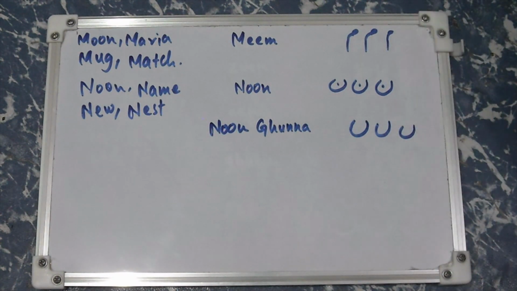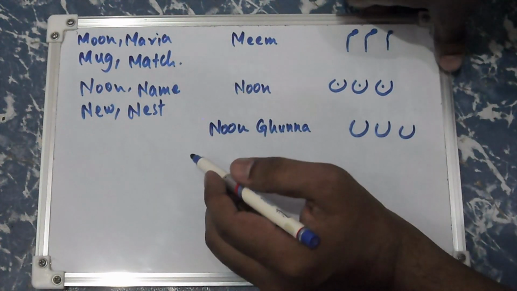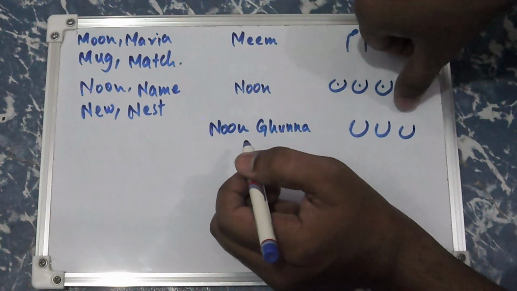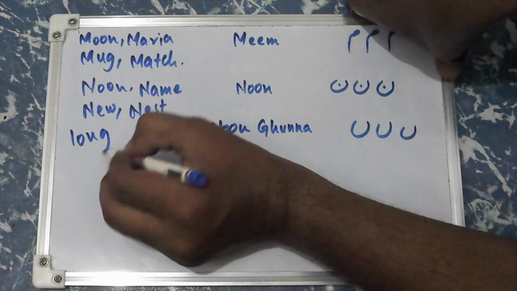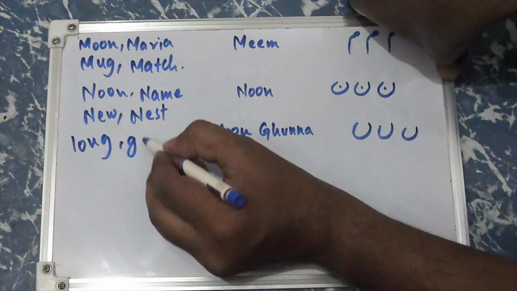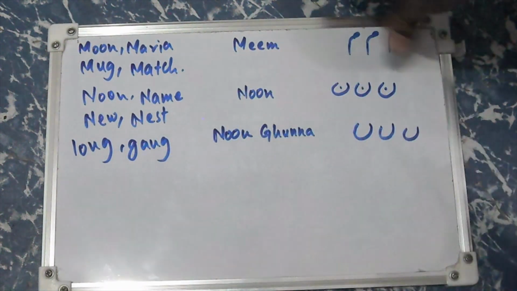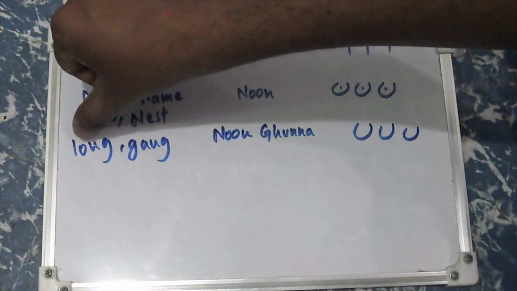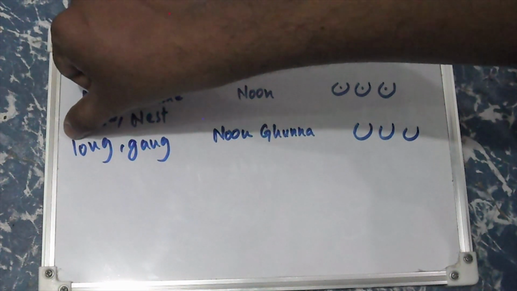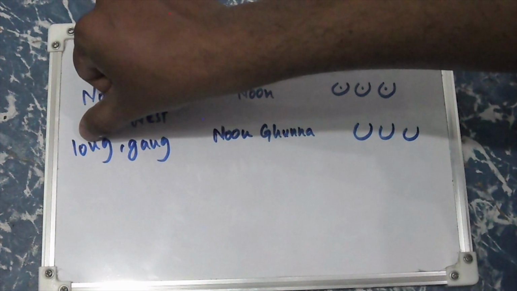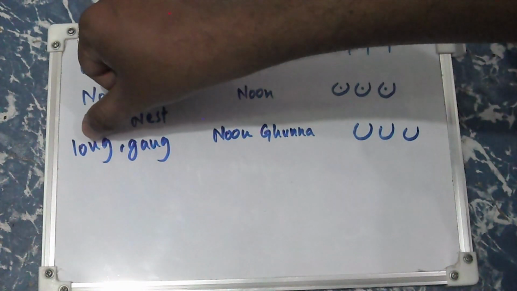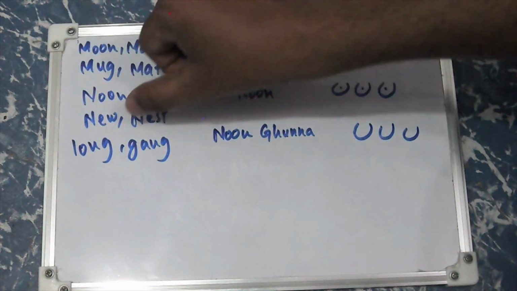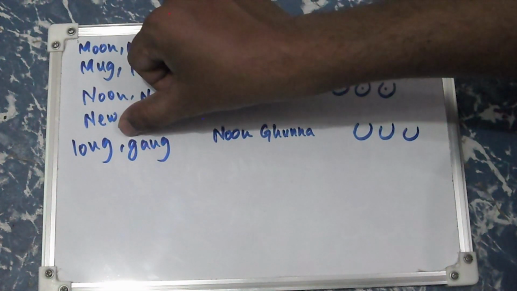The words of English language which contain the sound of this noon gunna are long, gang. As you can observe, in long, the n has the sound of this noon gunna. Long. And then gang.